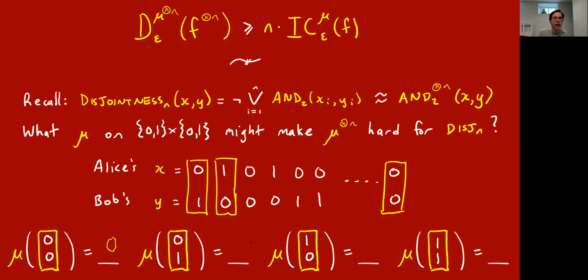Let's try 0, half, half, 0. So what about this? Is this going to make it hard for Alice and Bob? Well, this one is not exactly going to be hard, because if Alice and Bob know this, then they know that they'll never be disjoint. So that's not so good. They can just always happily answer yes.